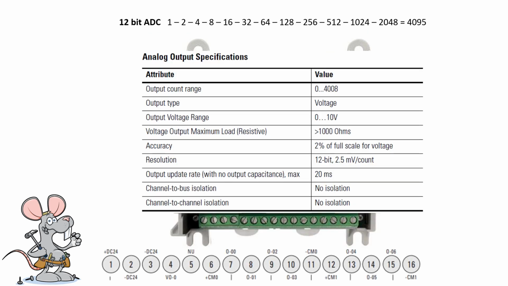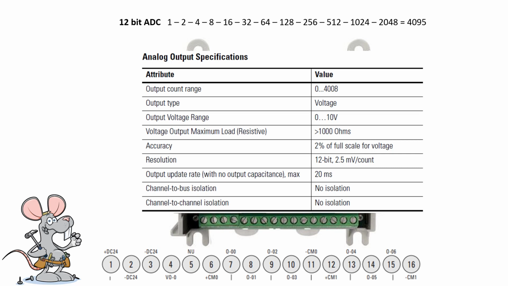Analog output. Now I know that the attribute output count range shows 0 to 4008. I could not find any explanation for that in the manual. I'm thinking it's 4095 just like the inputs. It's 12-bit, and it says 12-bit, 2.5 millivolt per count. That means as you run the analog value up and down, it goes in 2.5 millivolt jumps.